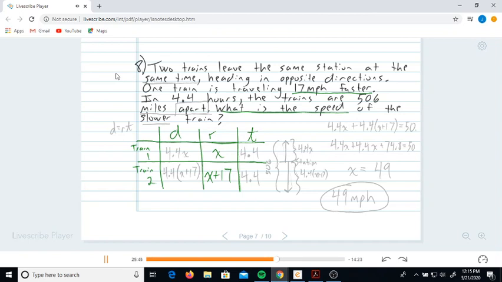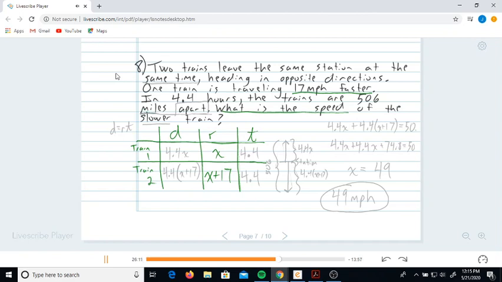Alright, so now we want to go ahead and get our constant. We got one column down, 2 to go. So we need to ask ourselves, do we know the distance that train 1 has traveled? And this is where I normally see catastrophic errors. If you put the 506 here, you have made a catastrophic mistake. This train has not traveled 506 miles. Train 2 has not traveled 506 miles.